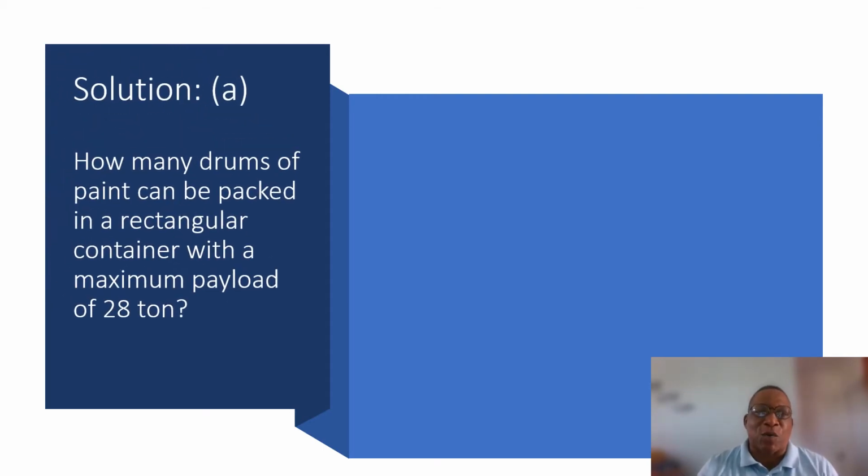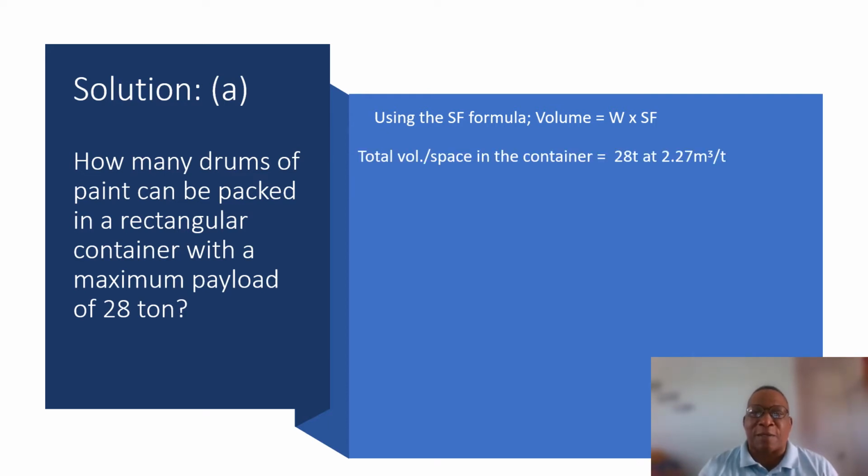Now, let us look at the solution for A. First, we need to determine the available volume or space in the given container using the stowage factor formula, transposed to make volume the subject, where volume is equal to W for weight times the stowage factor.